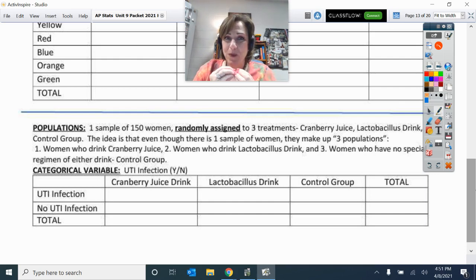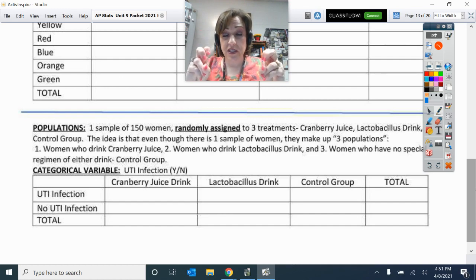What happened was it was one sample of 150 women. So then I was thinking, oh, one sample. But they were randomly assigned to 3 treatments. So they took that random selection of people, but then they randomly assigned them. So they're making essentially 3 different treatment groups, 3 different populations.